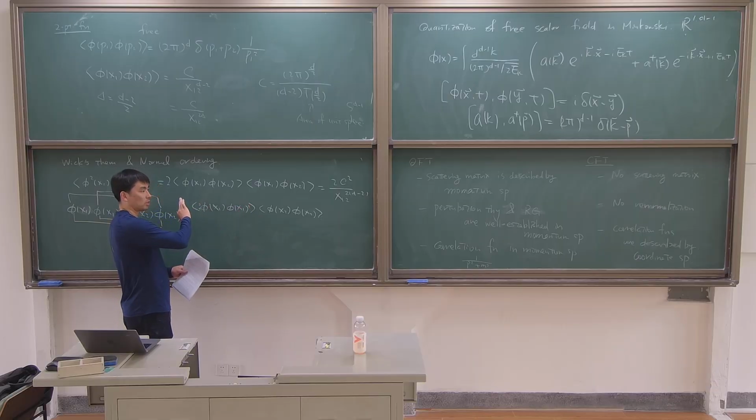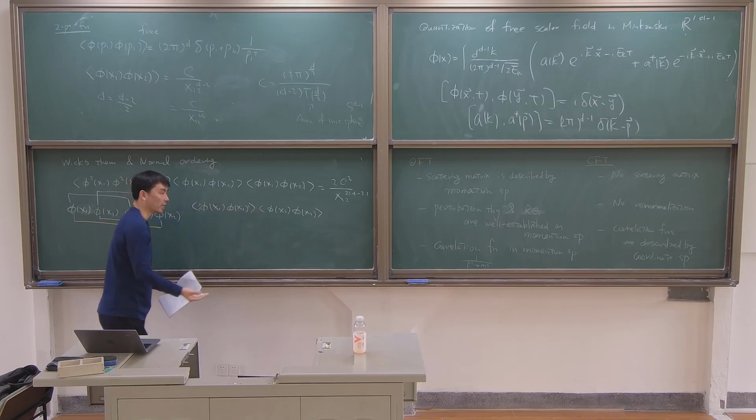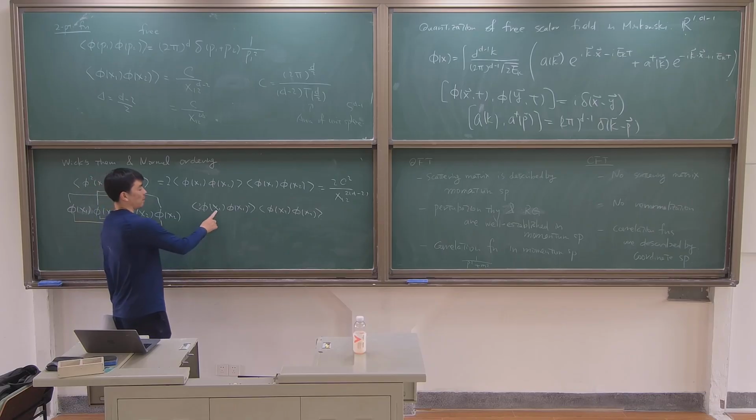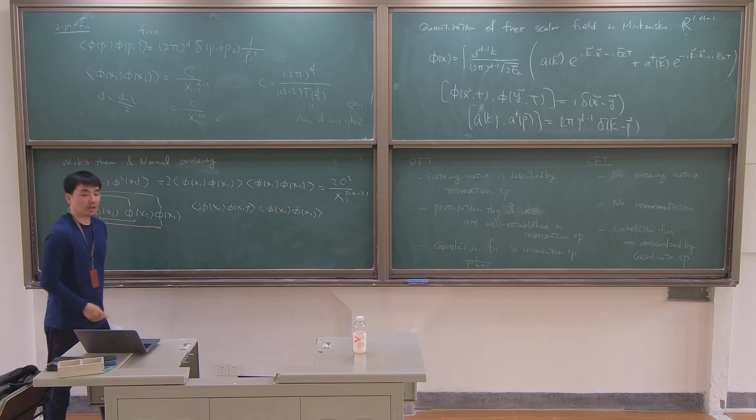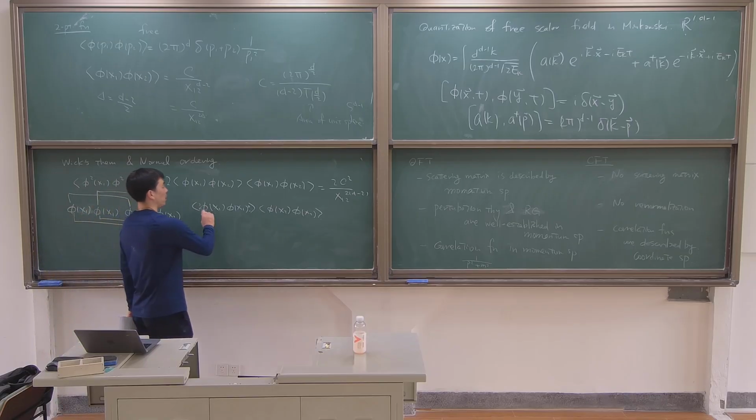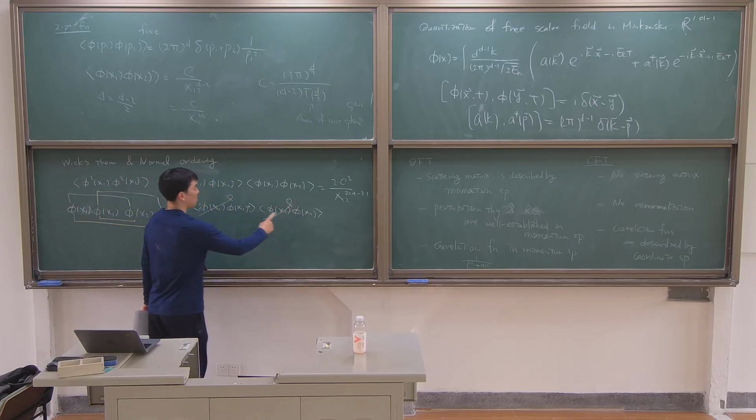So the creation operator is to the left and the annihilation operator to the right. Therefore, if you have operators at the same point, normal ordering will tell you that this is 0 at the same point.